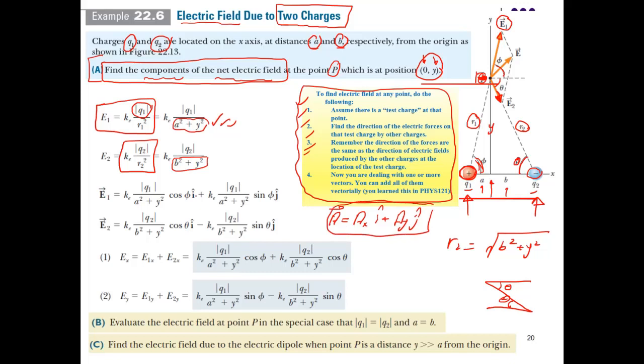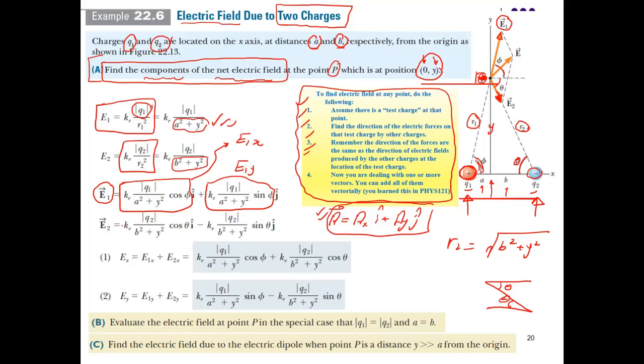So E1 is equal to E1x multiplied by i, plus E1y multiplied by j. This is where I could write this here. This is E1x multiplied by i. I just used something that we know from physics 1, which is unit vector notation.